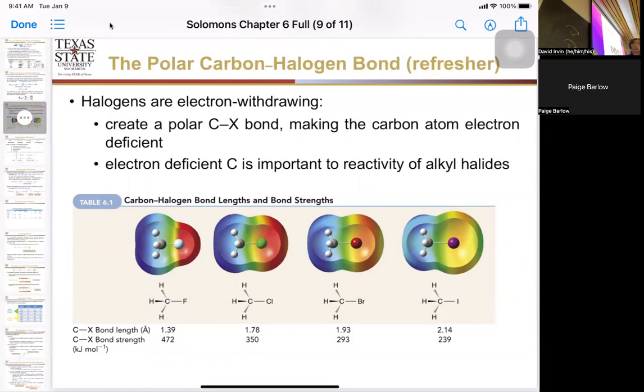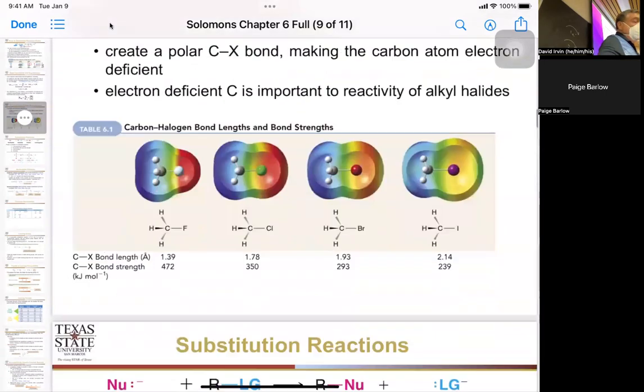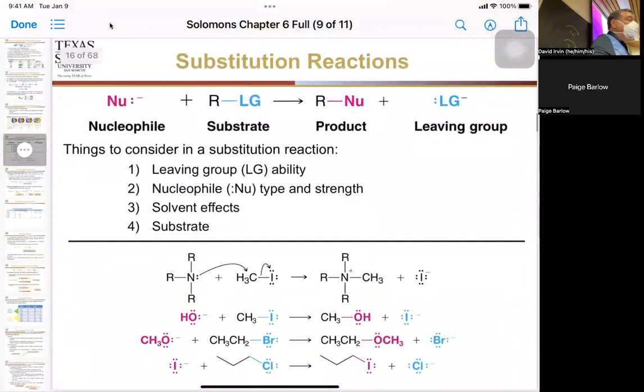That means when we have something that can come in to this partially positive side and make that halogen leave, we are looking at it from the point of view that the carbon here is partially positive. So we're going to be attacking it with a pair of electrons. Okay, we have a special name for that, and I'll get to that in a couple slides. Okay, so that's actually on this slide.